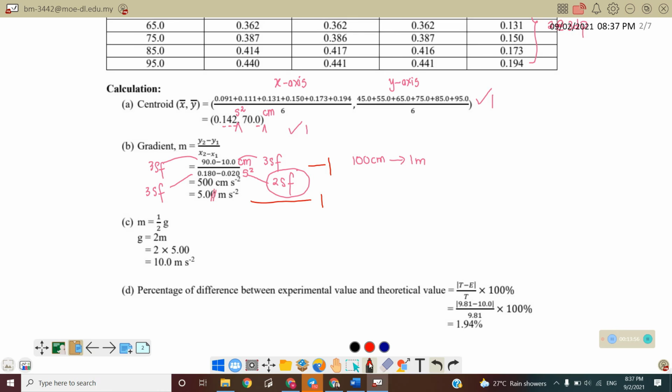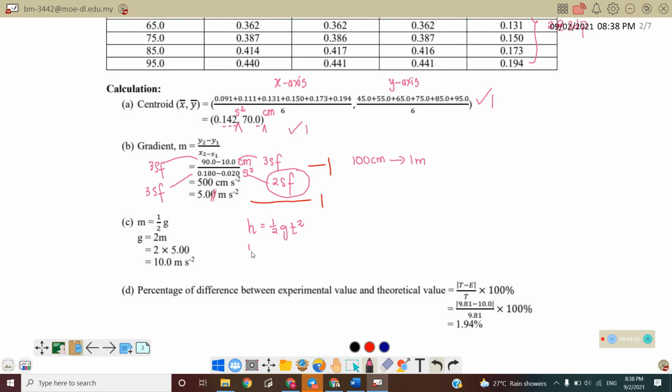Next, after finding the gradient, we will compare it with our equation, where our equation given is h equals half g t squared.